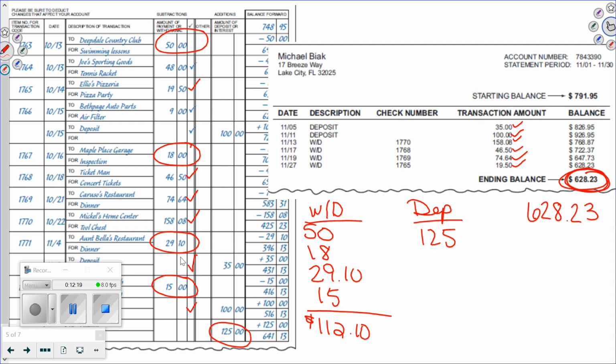I know you were trying to work backwards. So minus the 112.10. And what am I going to do with the outstanding deposit? Add that. So you always start with the ending balance, subtract the outstanding withdrawals, and then add the outstanding deposits.